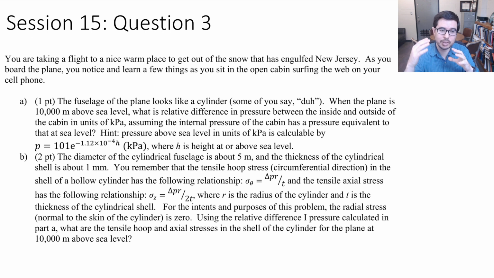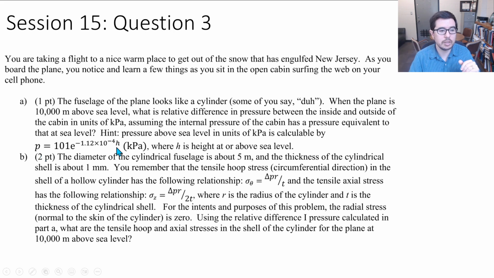It drops it a little bit, because you have to have a thicker shell if you have a higher pressure differential. But in this case, let's assume that the internal pressure is at sea level, and the surrounding pressure can be calculated up in the air as a function of altitude.